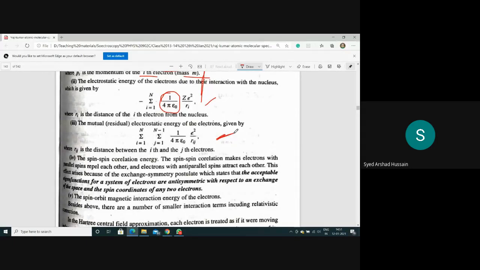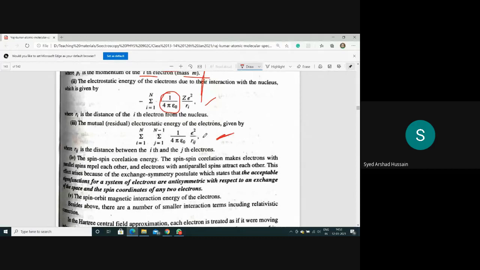So if you want to calculate for the first electron, then you have to calculate the interaction between first one and second one, first one and third one, first one and so on up to N minus 1. Similarly, for the second one, interaction between second one with first one, second one with third one, like this.